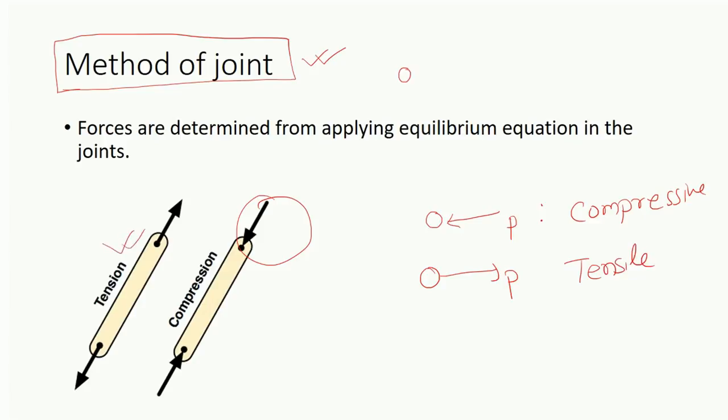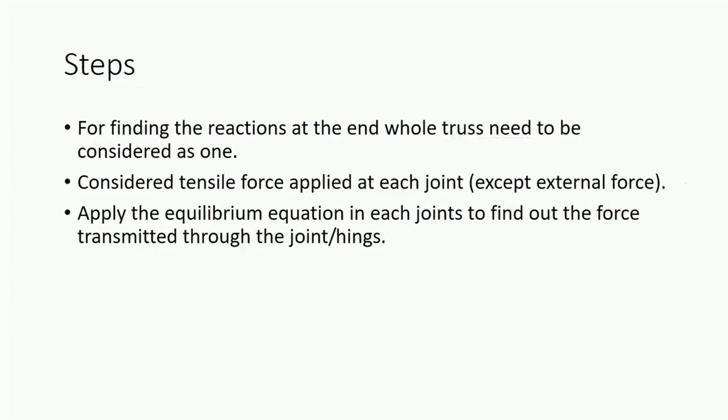After finding out the forces applied on the pin or hinge, we are going to apply the equilibrium equation. It has a few steps, very easy ones. The first step is finding the reaction at the end; you have to consider the whole truss as a single one. Okay.